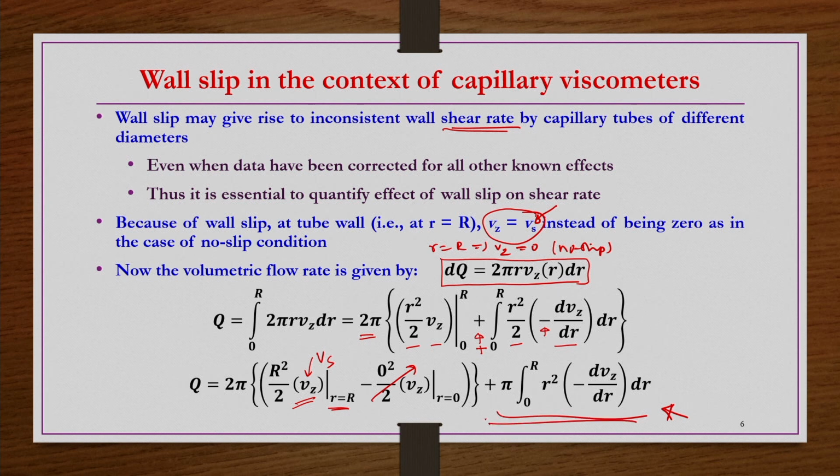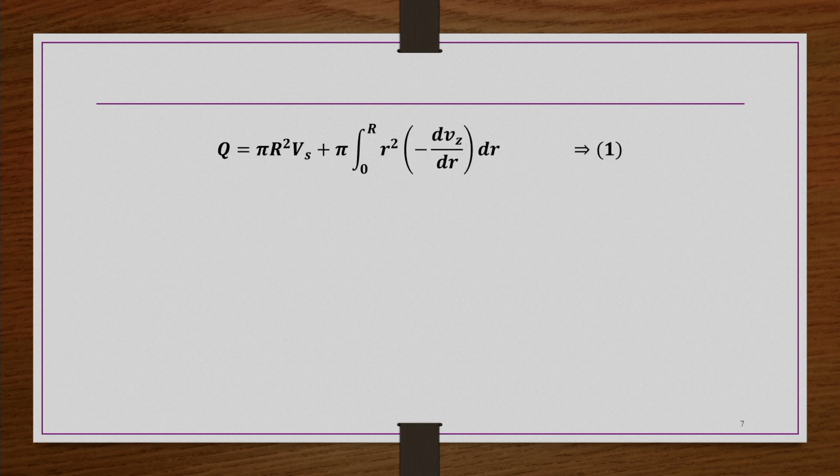So, this term is going to be the same, and we have to follow the same thing, but we are not going to do any integrations now. After substituting these limits and simplifying, this is what we have for Q. Q equals pi R square Vs plus pi integral of r square times minus dVz by dr, right.